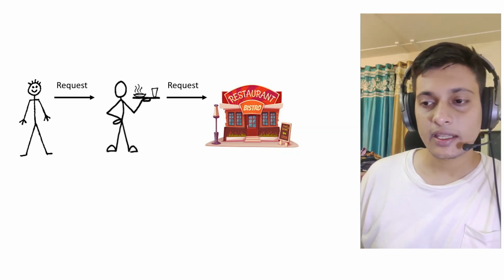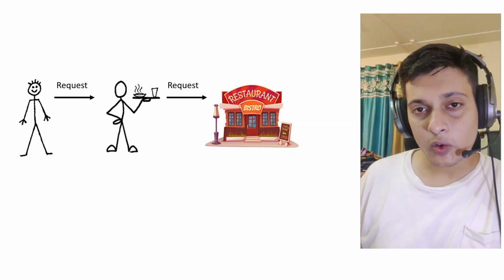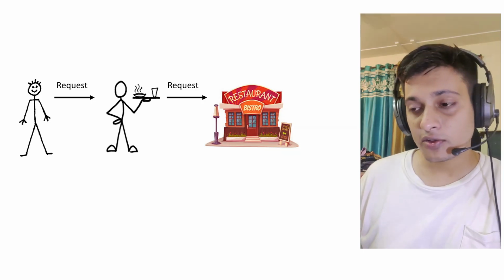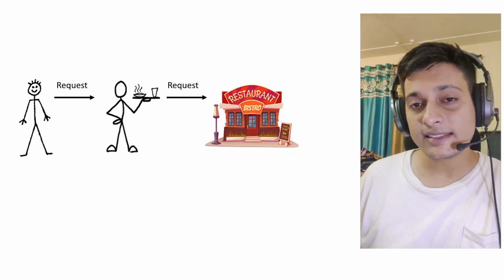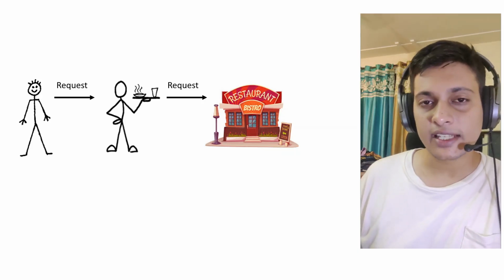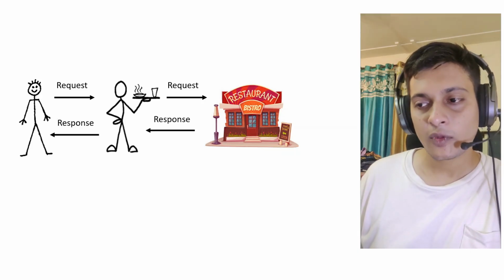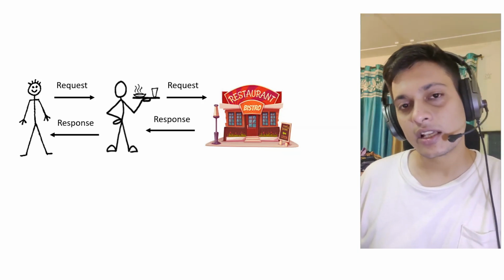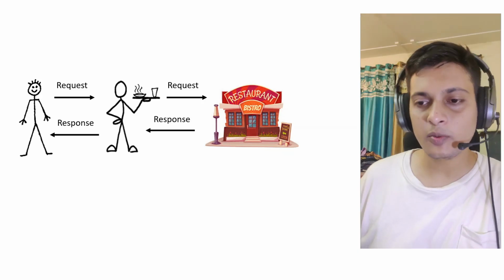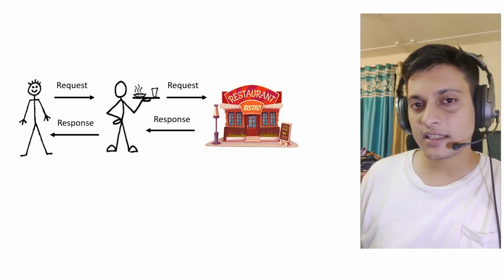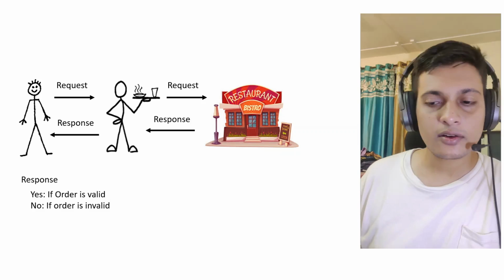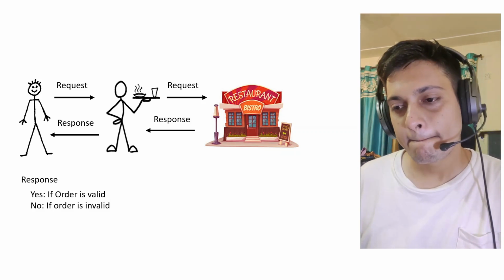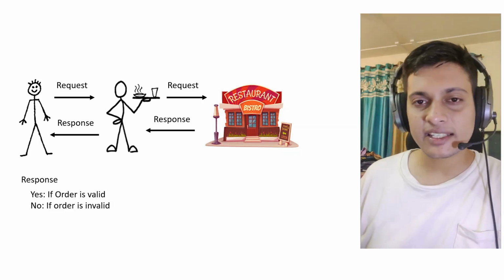If the restaurant is serving the sandwich, it will send the response back through the waiter. Even if the restaurant is not serving the sandwich, it will still send the response through the waiter to me. So there are only two responses, yes or no: yes if the order is valid, no if the order is invalid. See, it's a very basic approach.